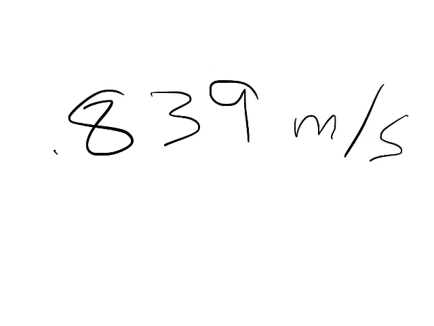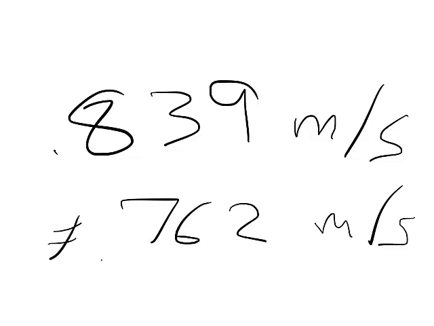Was that 0.839 meters per second was the momentum before, and afterwards it was 0.762. So they don't entirely equal each other, but we are hypothesizing that they don't because some of our energy was actually given off as heat from the friction of the surface, so it wasn't a completely elastic collision.